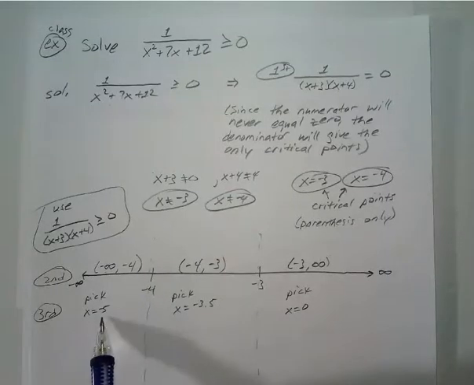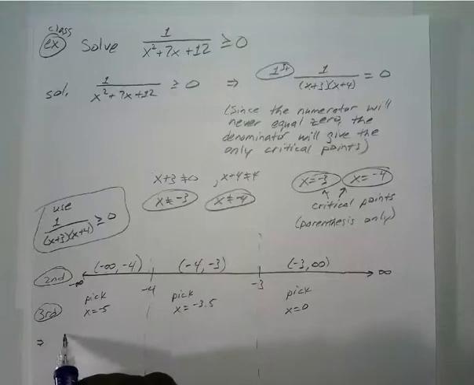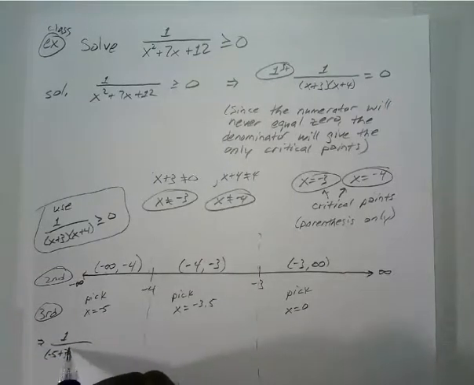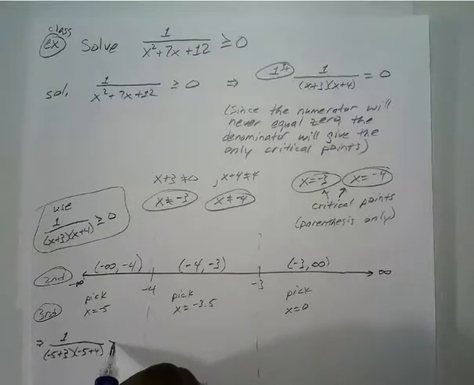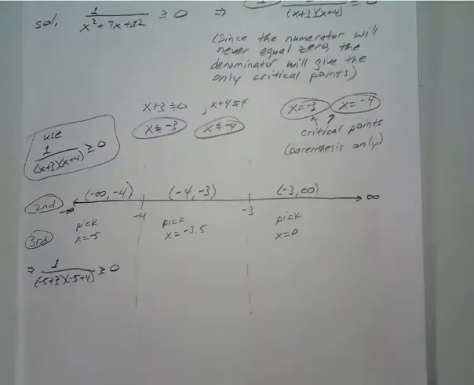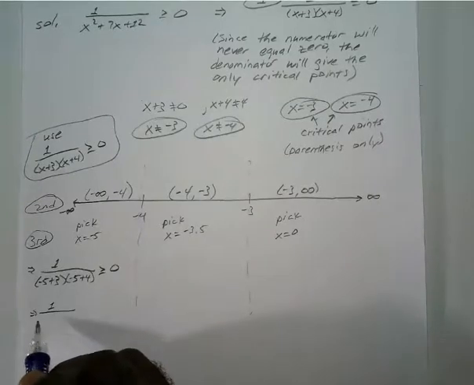Okay, so if we pick x equals negative 5, we plug that in. We have 1 over negative 5 plus 3 times negative 5 plus 4 is greater than or equal to 0. Oh, let me move that up. Here we go. So just plugged in negative 5 into that one. So that's 1.